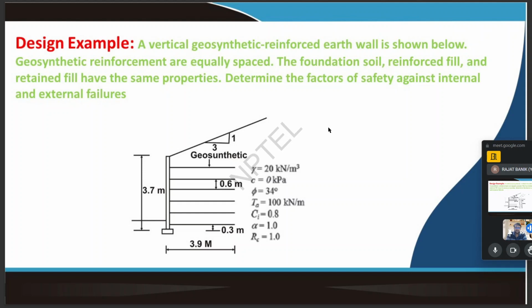The height of the wall is given 3.7 meter, the base of the wall is given 3.9 meter, and the top slope of this wall is given 1 vertical to 3 horizontal. The spacing between the reinforcing geosynthetic material is given 0.6 meter. By this different data we design this problem.